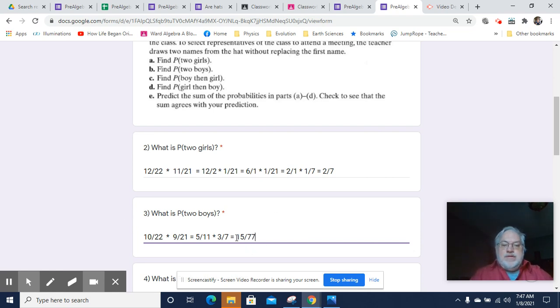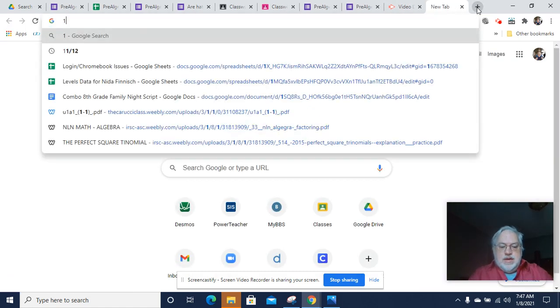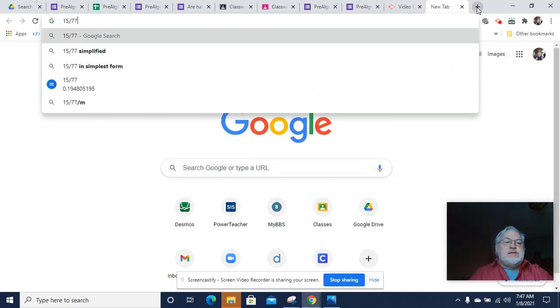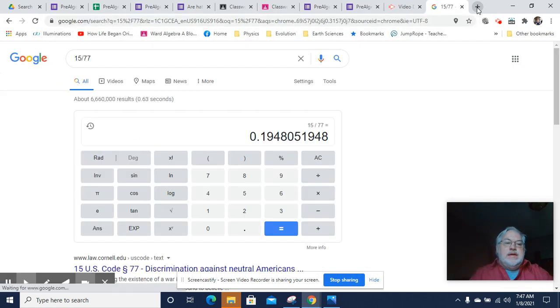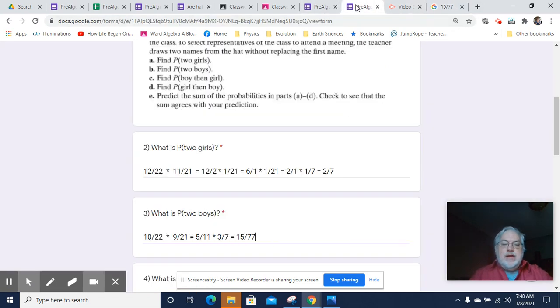And 15 over 77 and 2 over 7, we could actually work out what those are. 15 over 77 is approximately 19.4, 19.5. So I'll put that in there. That's about 19.5% rounded.